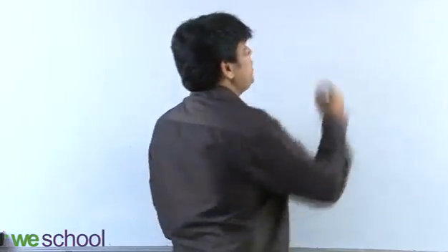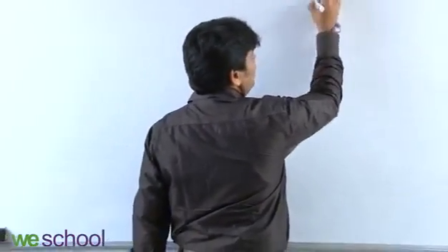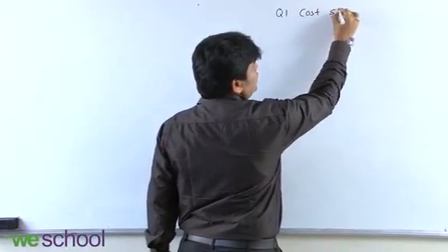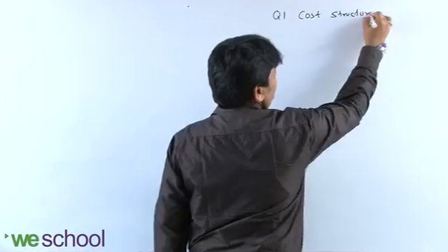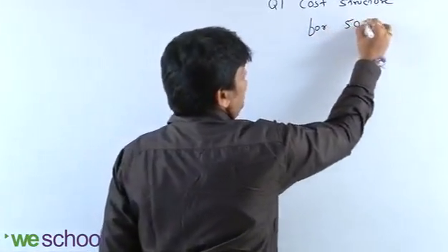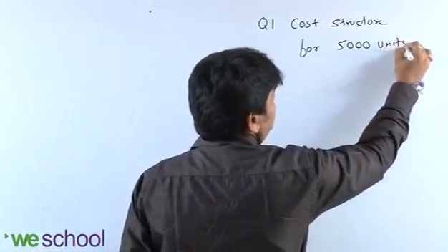Okay, so now I am giving one example, question number 1. The cost structure for 5000 units is given to you.